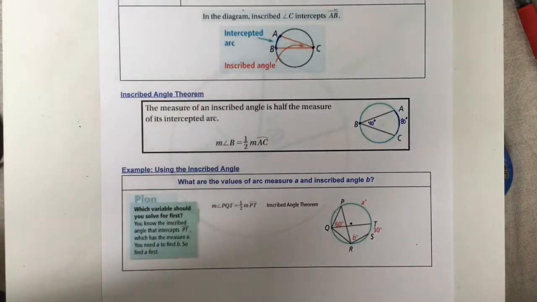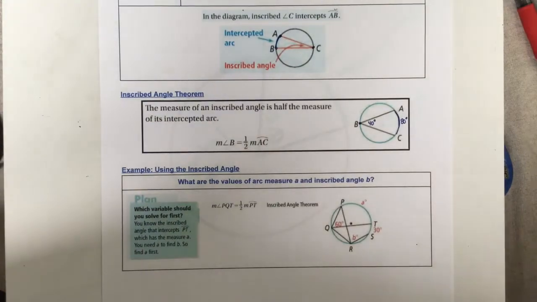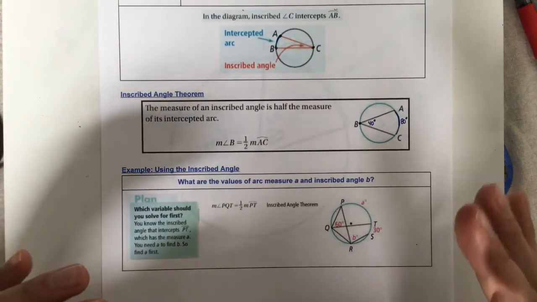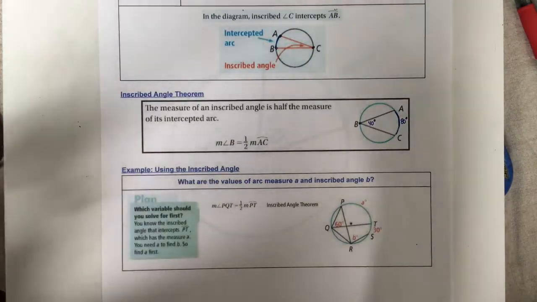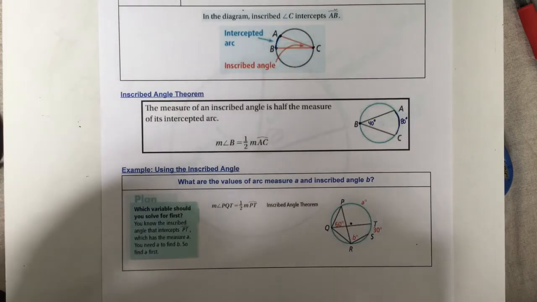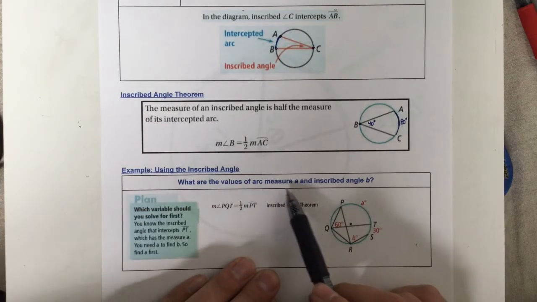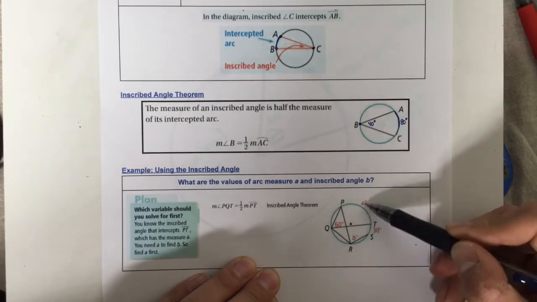Let's look at an example. These examples can be a little challenging because there's a lot going on in our diagram, so it's helpful to use a highlighter or colored pencils to mark what you're actually looking at. The question is asking what are the values of arc measure A and the inscribed angle B. So we're trying to find these missing variables.